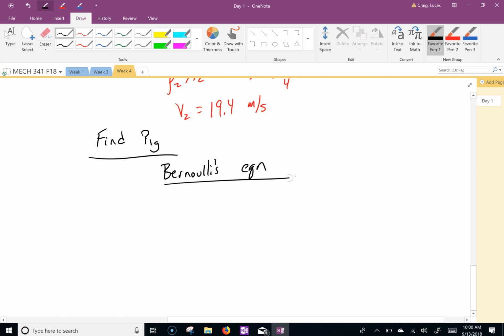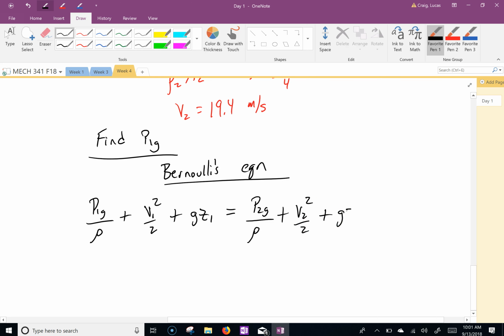Do you remember that equation? P1 gauge over rho plus V1 squared over 2 plus gz, not rho gh or mgh. The z's for height, right? Yes, yep. That is going to be in the givens. Pretty much, it's almost a guarantee in any problem to use g, right?